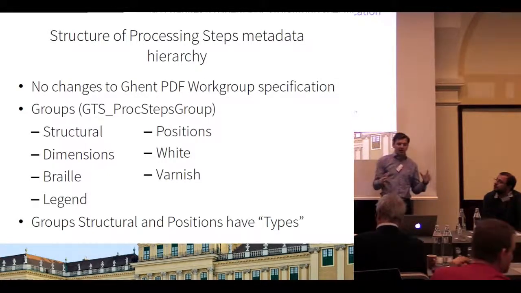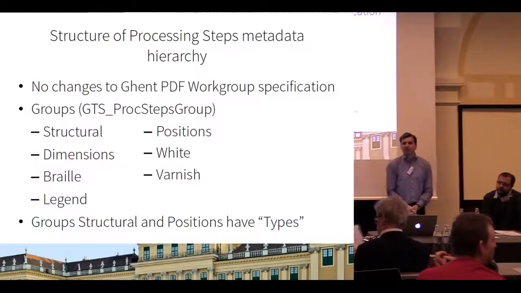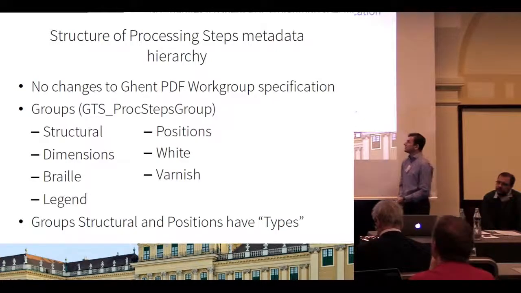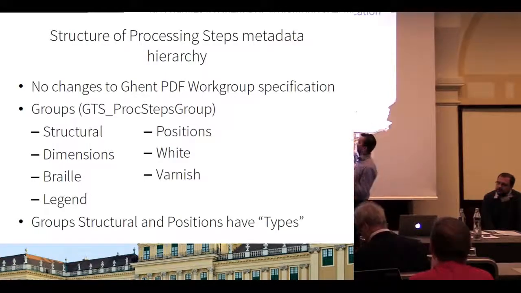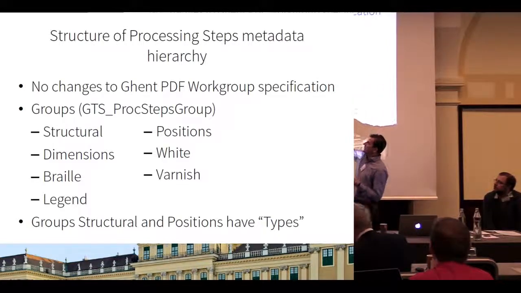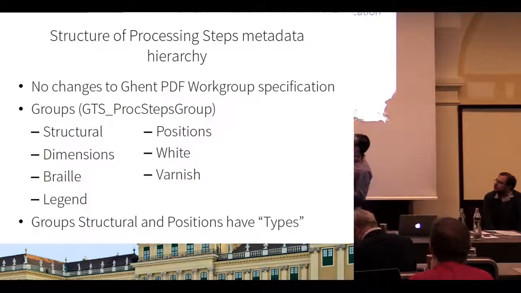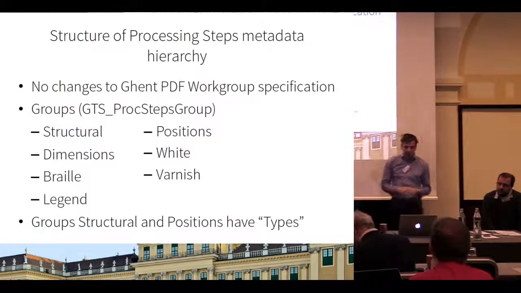So all my information is in seven different groups. Structural has all the cut lines and creasing and everything, and I will show that later on. Then there are dimensions, braille information, legend, positions, white, and varnish. So these are my groups.